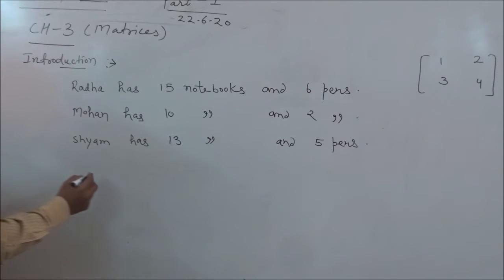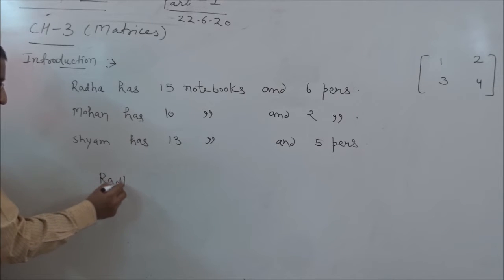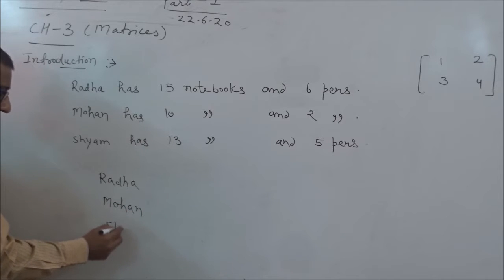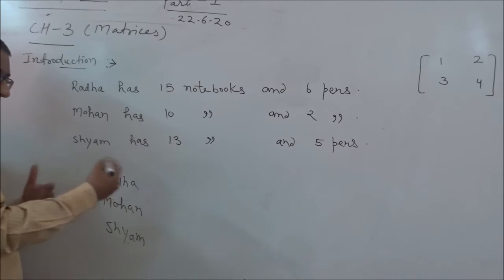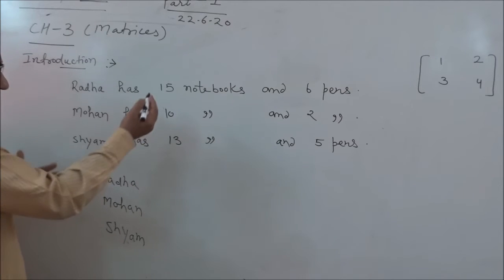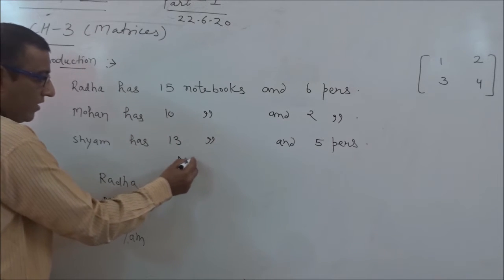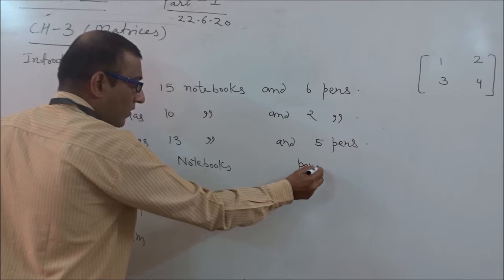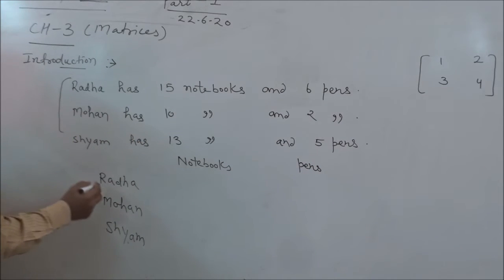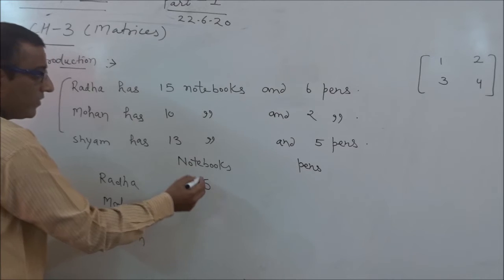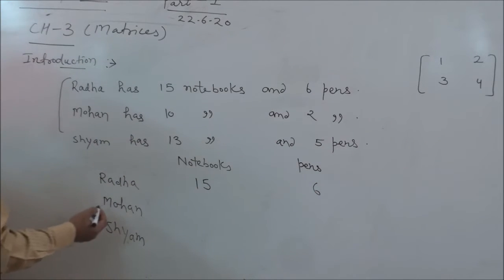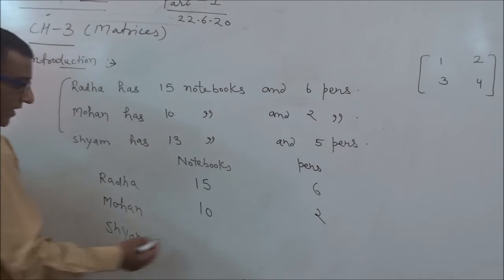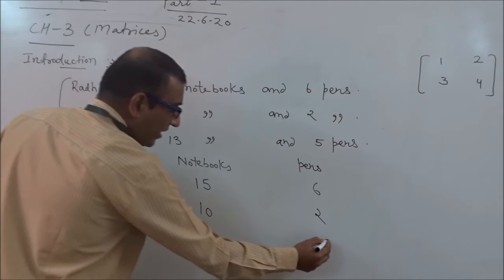If I write the names first, Radha, then Mohan, and then Shyam, and then write the related information, notebooks and then pens, we can say Radha has 15 notebooks and 6 pens, Mohan has 10 notebooks and 2 pens, and Shyam has 13 notebooks and 5 pens.